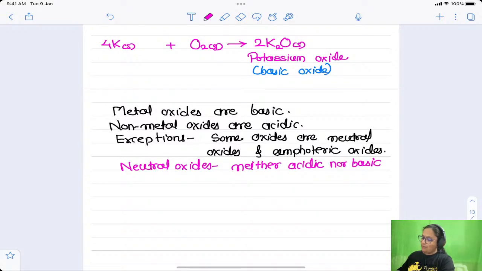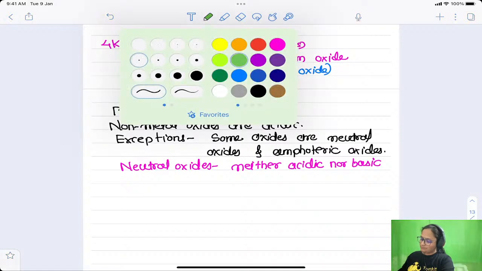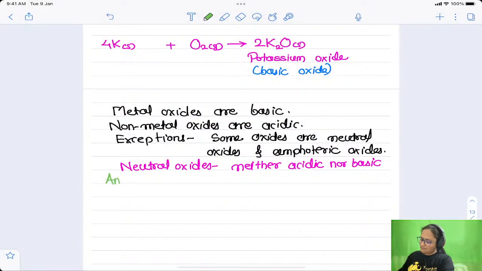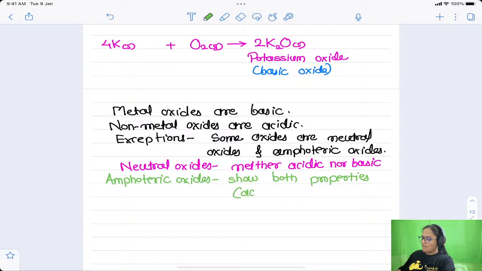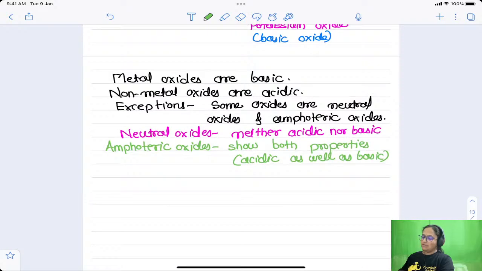Whereas amphoteric oxides show both properties. Both properties means what? Acidic as well as basic. Okay, so these are nothing but the oxides.